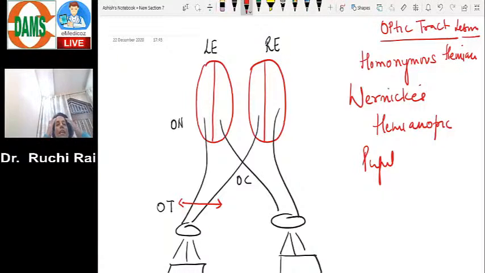Just listen first. So what I'm saying is that the patient is sitting in the dark room. Now I am supposed to use a pencil torch, not the big torch, because I want a narrow beam of light. I've already drawn the tract in the diagram in front of you. The patient is sitting in front of me.